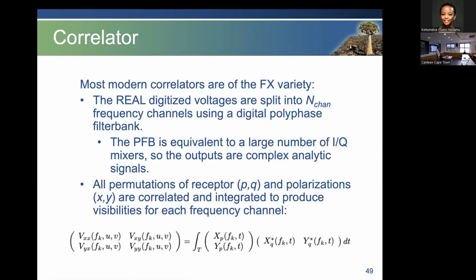And you do that outer product that I show there. You basically take the signals and multiply them by each other. They're complex numbers. Remember, you're multiplying one complex number by the other one's complex conjugate. And you integrate over a time, and then you get a number that comes out, which is a complex number. And that's called the visibility, and that's the bit for the next talk.